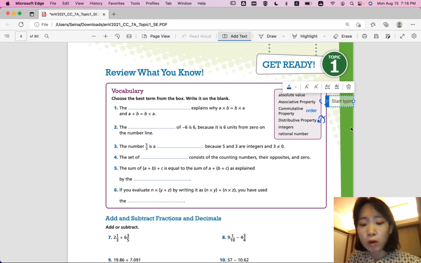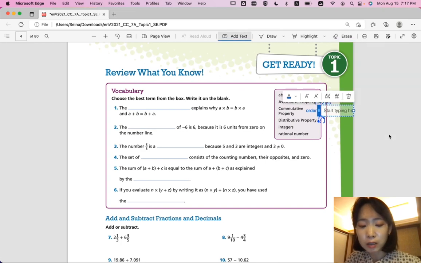So for example, 1 plus (2 plus 3) is the same as (1 plus 2) plus 3. This is called the associative property. And commutative property says 1 plus 2 is equal to 2 plus 1 when you change the order.